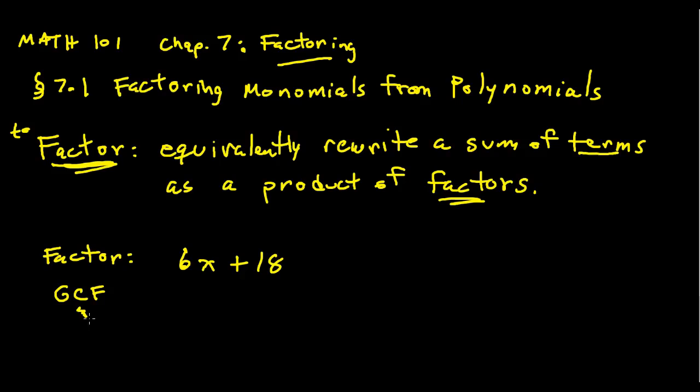It's got to be common to both terms of the sum. Clearly the GCF here is going to be 6. If I look at these two terms, 6 is the greatest quantity that's a factor of both terms. So I can factor it out according to my distributive law. I could call this equivalently 6 times x plus 3.